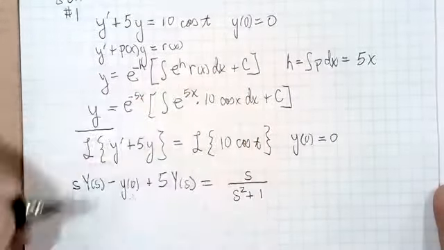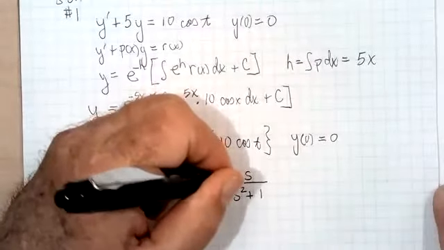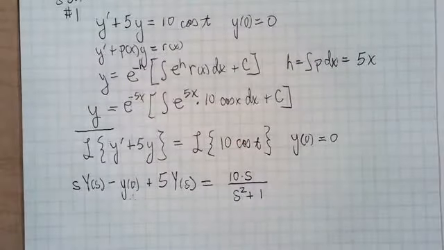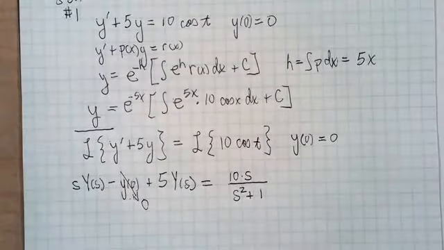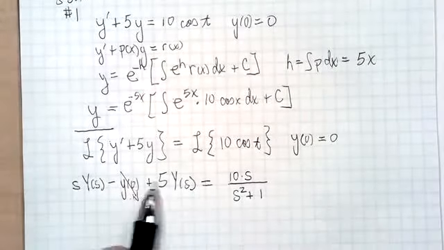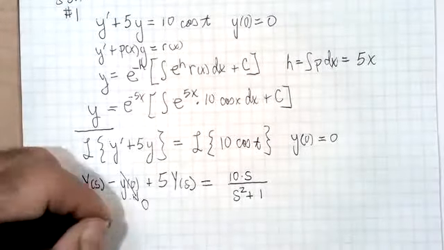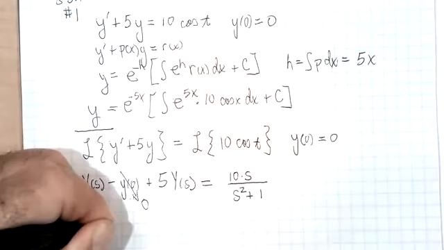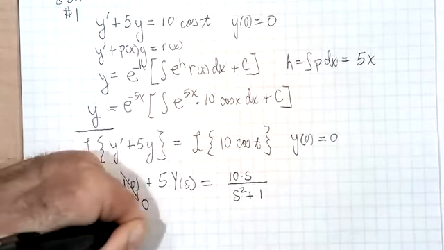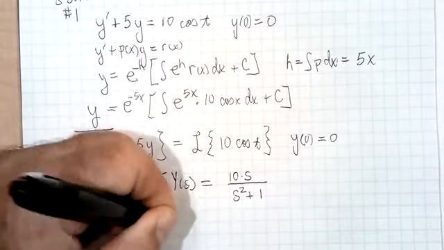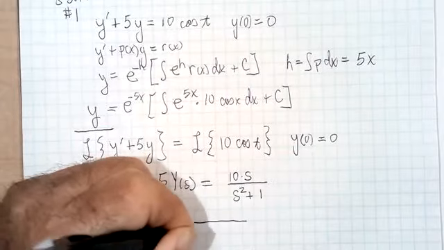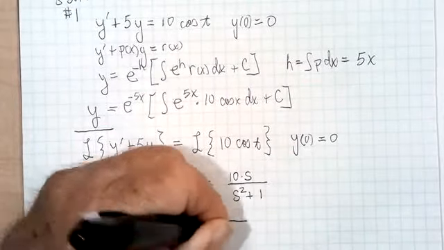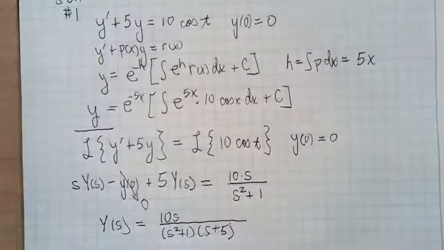That'll be an s. And now I need to take into account the 10. So far, just like that. This term mercifully is 0 in this case. So I got s plus 5 times cap Y. And if I divide both sides by s plus 5, I have this very friendly looking fraction. Like so.